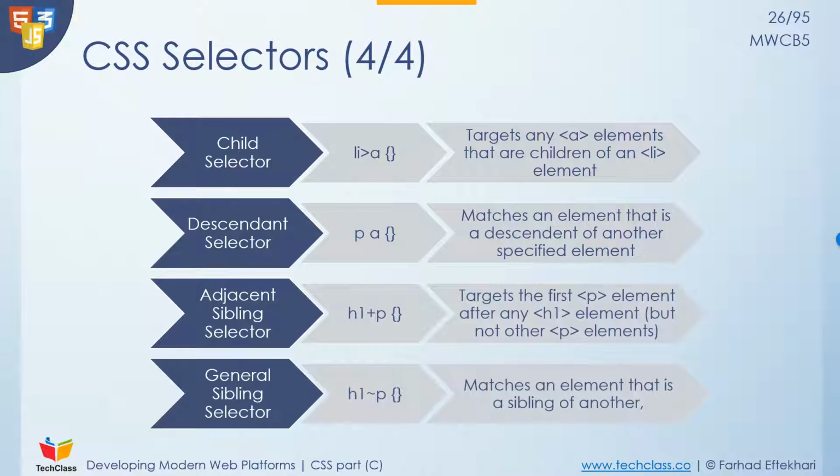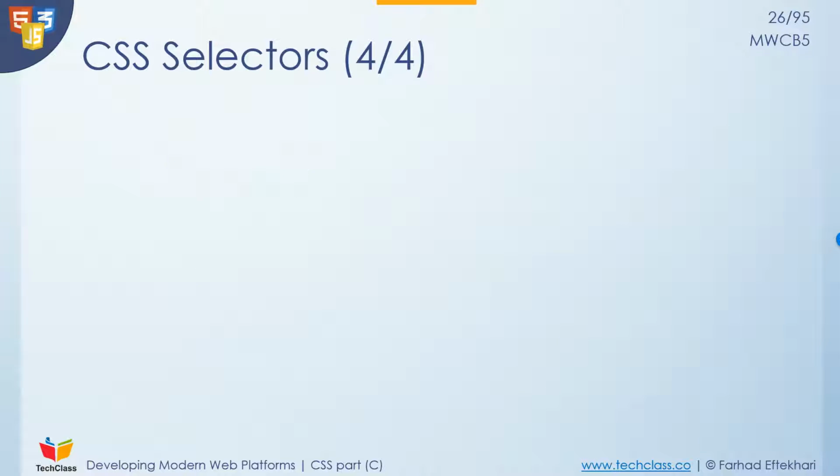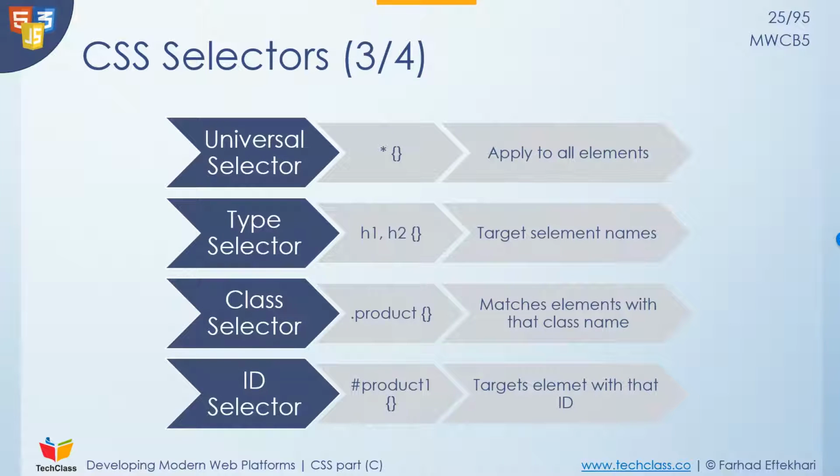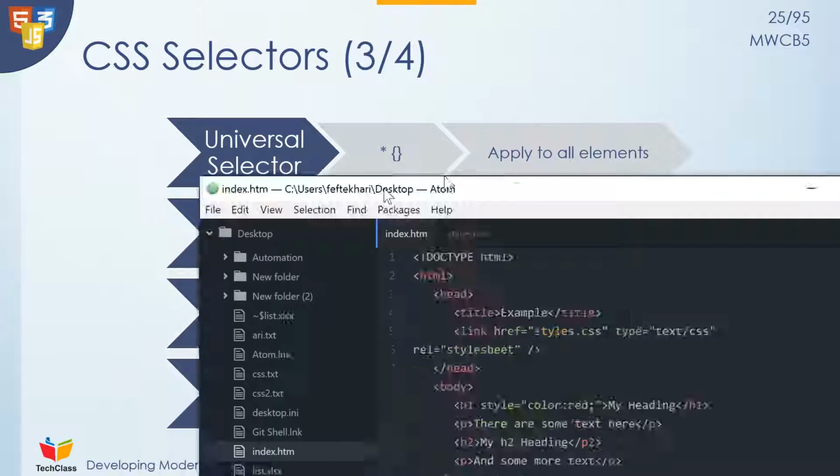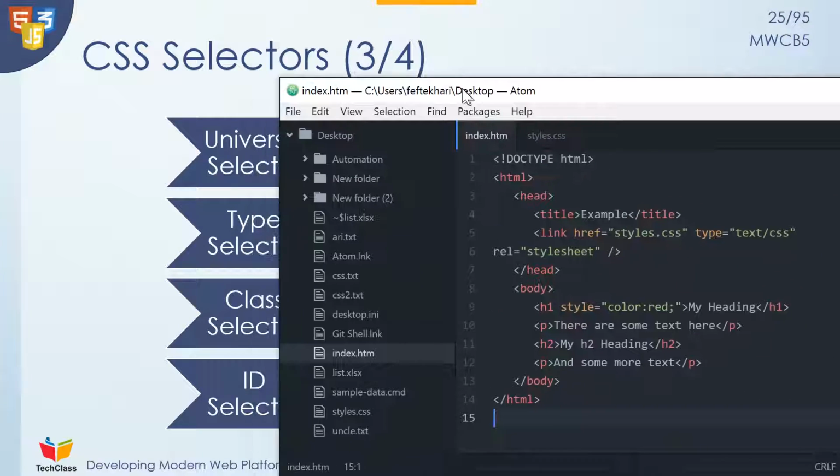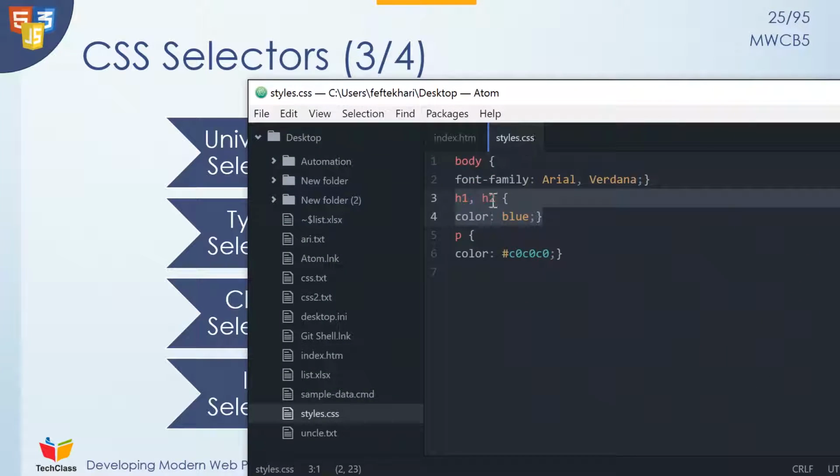Okay, now first of all, let me get back to the class selectors here and then the other ones as well. So let's get back to the example that we had. Let's work with each of them and let's see how they work in real life.